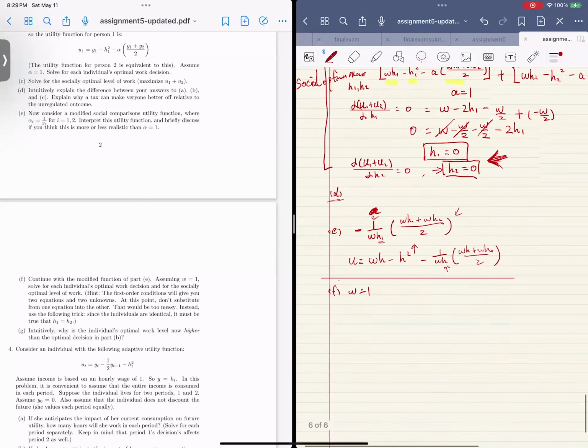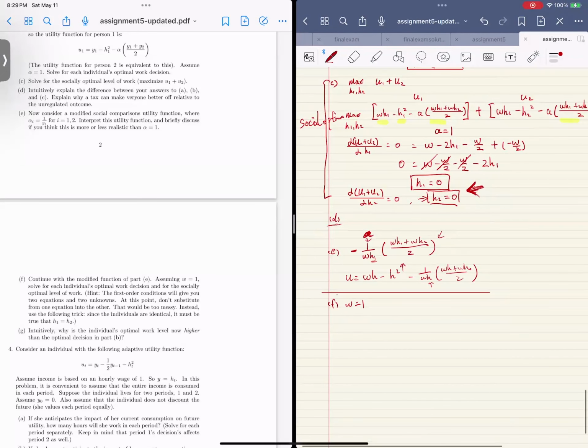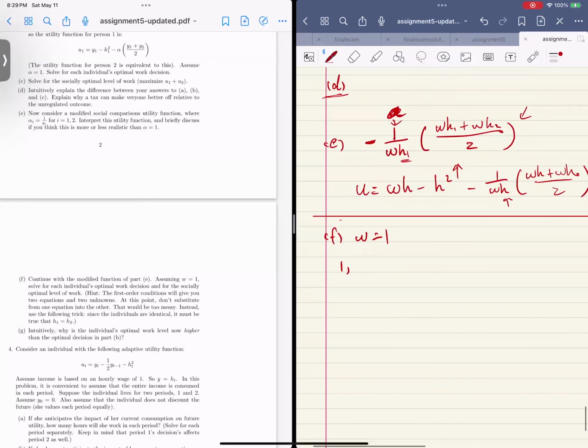Okay. So first, the individual. What does the individual look like?